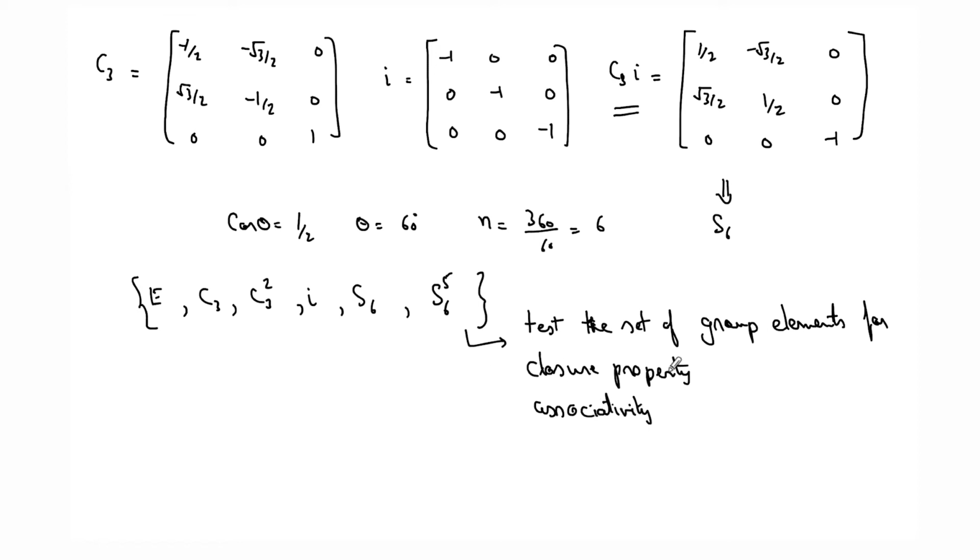Once the closure property is fulfilled, then only you can go for the test for associativity, inverse, and identity. So these four properties have to be fulfilled, and then you can say that the new group is nothing but the S6 point group. So from C3, by just adding one symmetry element, you have gone to the S6 point group.